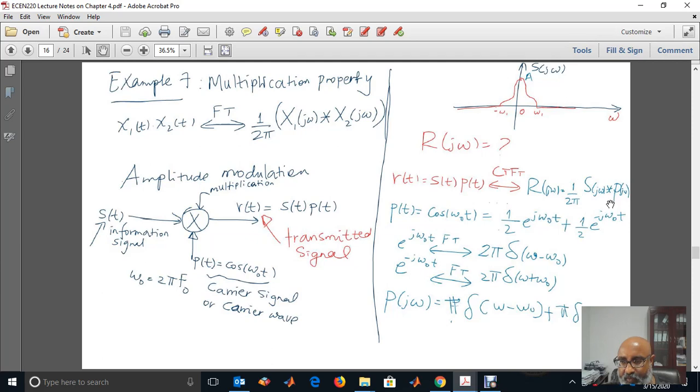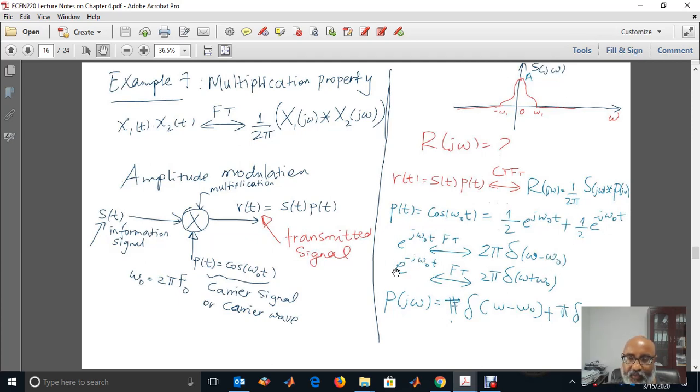1 over 2 pi, S(j omega) convolved with P(j omega). p(t) is cos omega naught t, the cosine, the carrier wave. Using Euler's identity, it is half e to the power of j omega naught t plus half e to the power of minus j omega naught t. The Fourier transform of e to the j omega naught t is 2 pi delta(omega minus omega naught), an impulse at omega naught.